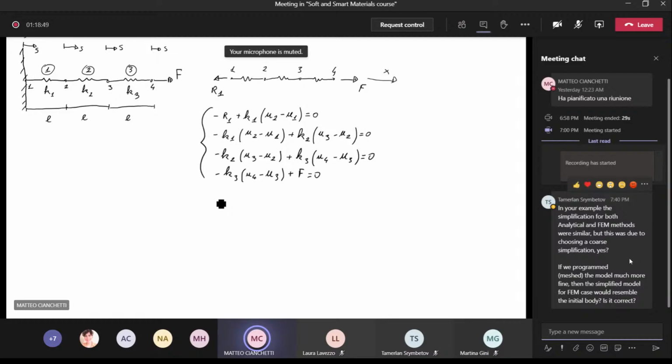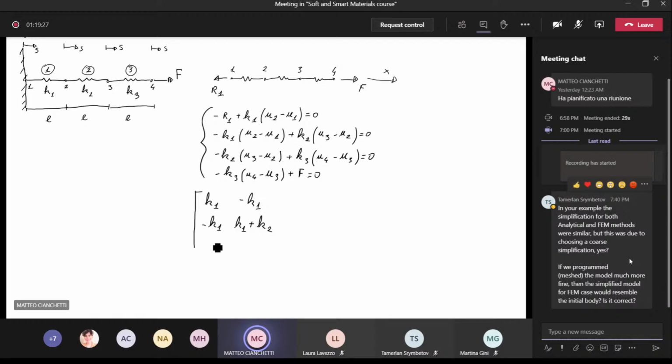As we did before, we can rewrite it in matrix form so that we have K1, minus K1, minus K1 plus K2.